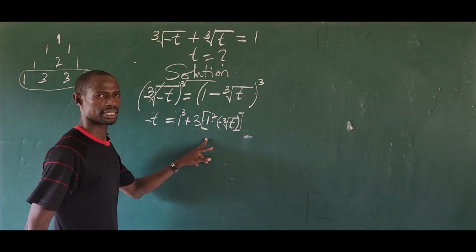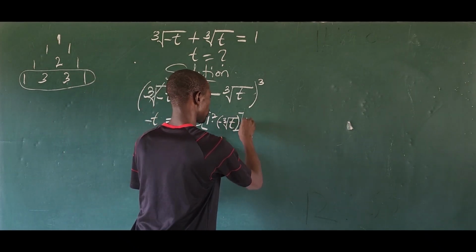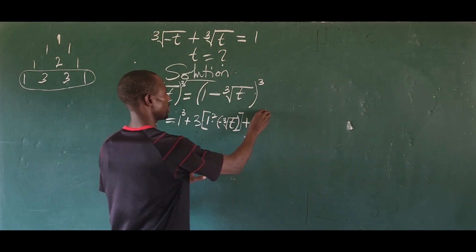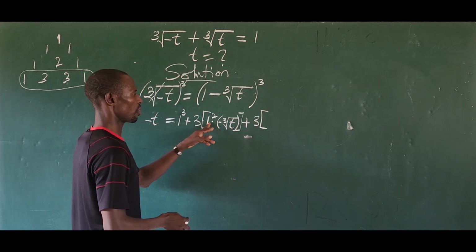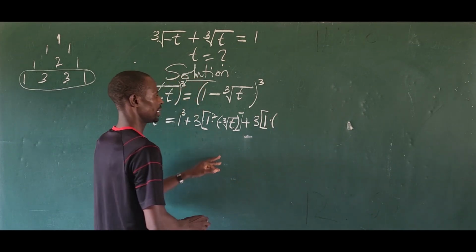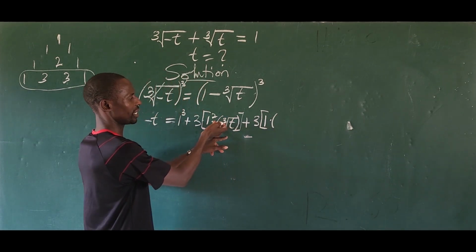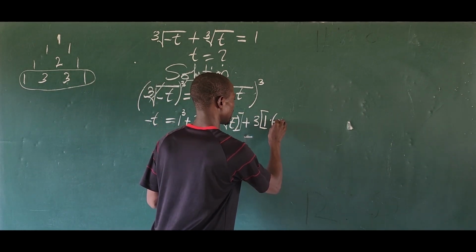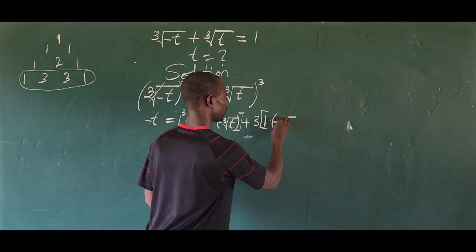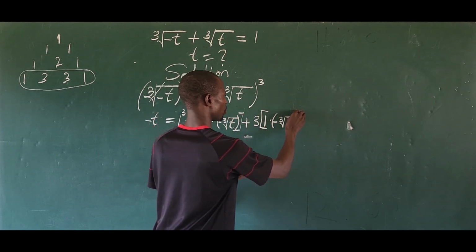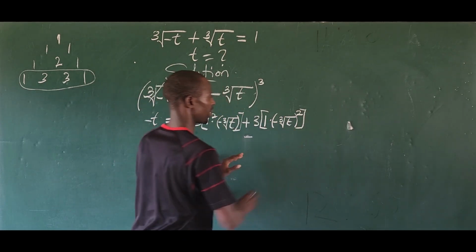So we close this. Then we go to the next quantity, which is also having a coefficient of 3, then into a square bracket. 1 will be raised to power 1, then times bracket. Here, we still have a negative cube root of t. So we have here the negative cube root of t. This time, it will be raised to power 2. Okay, then close our bracket.